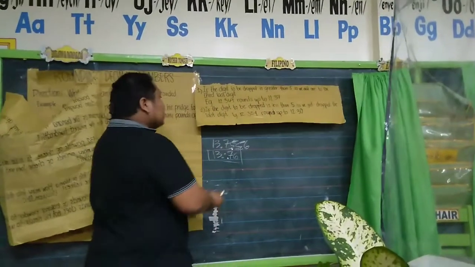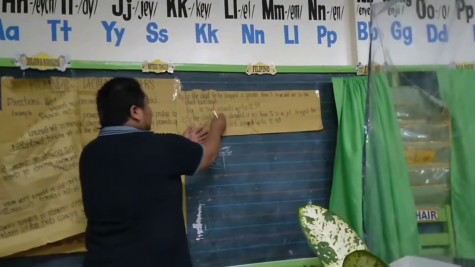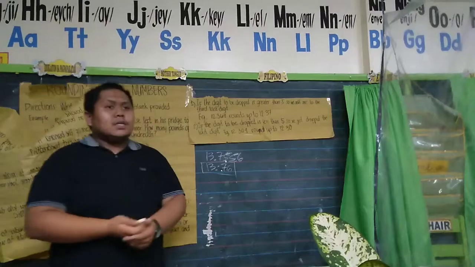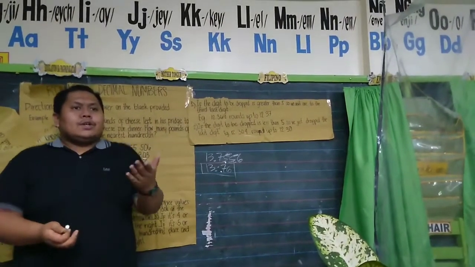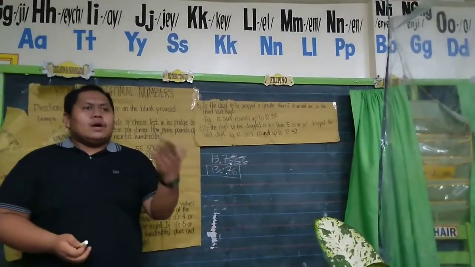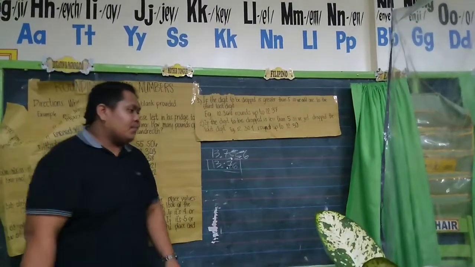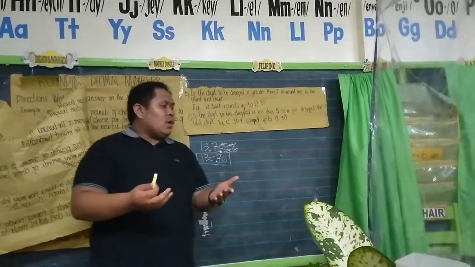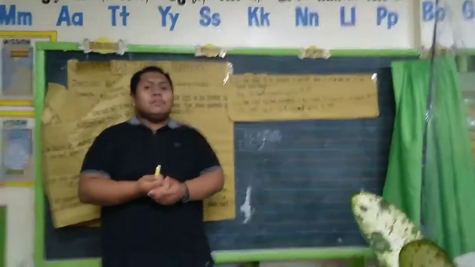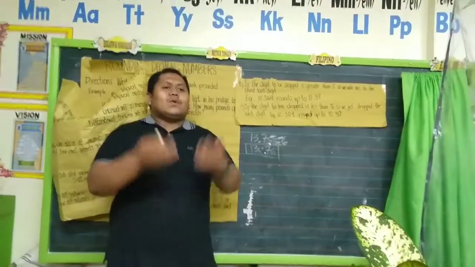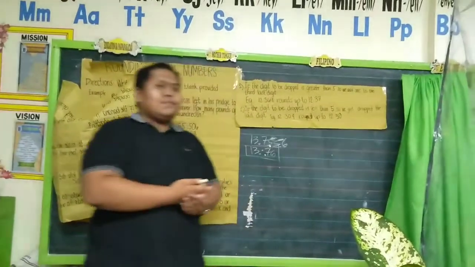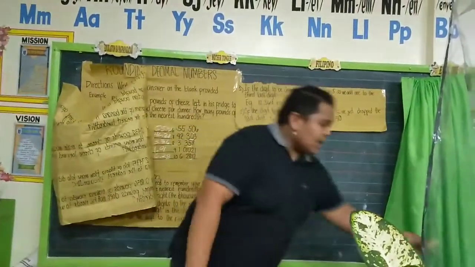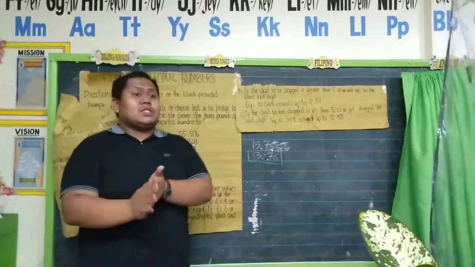We round up decimal numbers when the thousands number is greater or higher than 5. Why is it significant to know how to round up decimal numbers? Okay, very good. So, I see that you have understood my discussion.